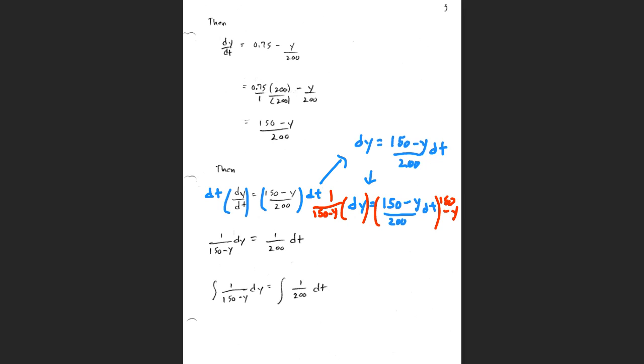Hold on, the new format, my pen's a little bit bigger, so I gotta be a little careful how I write stuff in here. 1 divided by 150 minus y. And so what happens is the 150 minus y's simplify out, and then this is going to get us right there.